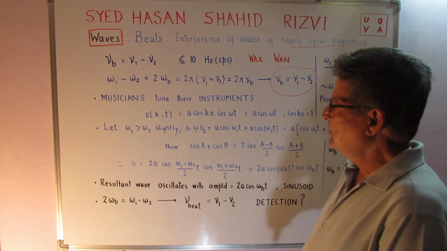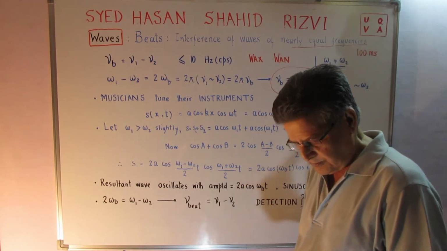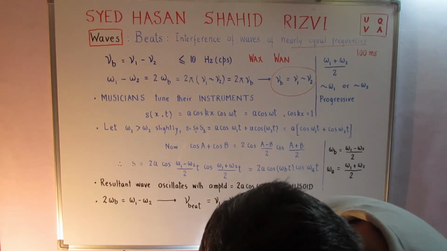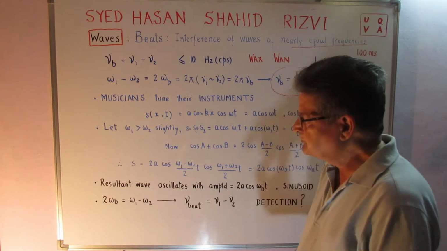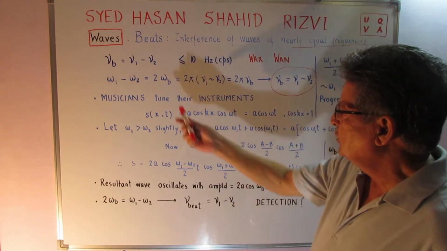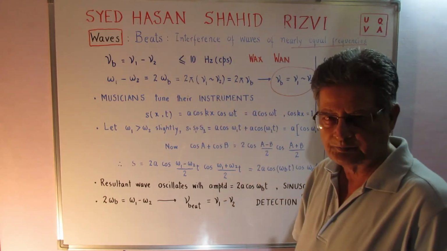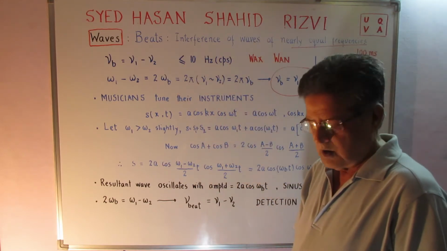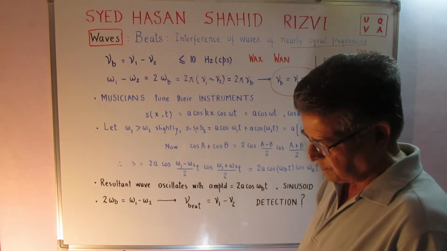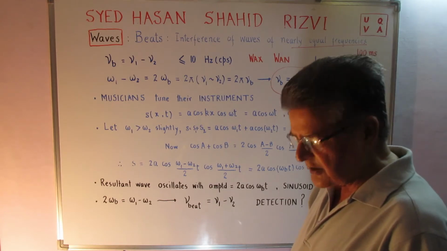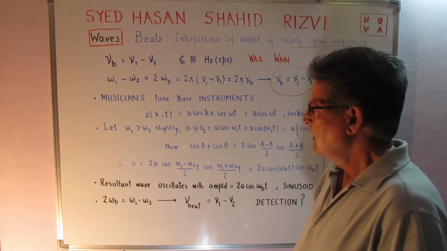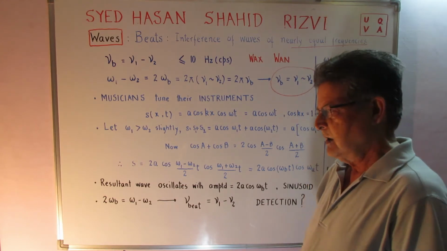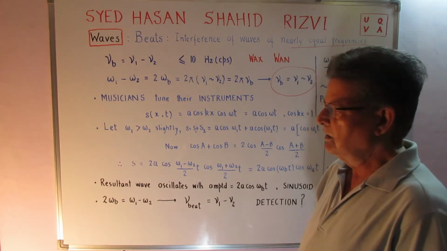Normally the beat phenomenon is used by our musician friends to tune their instruments, in fact to fine tune their instruments. Suppose there is a standard instrument and there is the one which has to be corrected and made up to the mark.